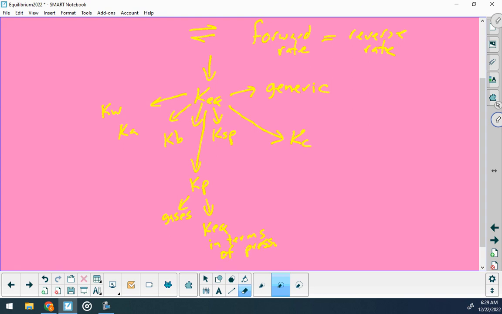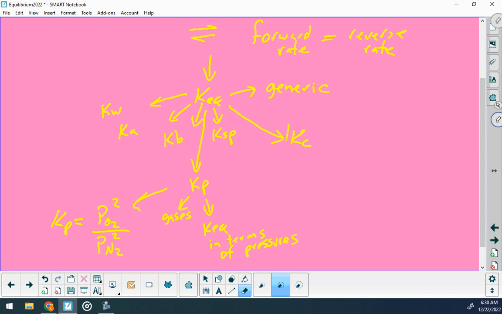So only gases matter and only partial pressures matter. When you write a Kp, it would be something like the partial pressure of O divided by the partial pressure of N2, and maybe those are squared or something. Who knows? But that's the general form of Kp.